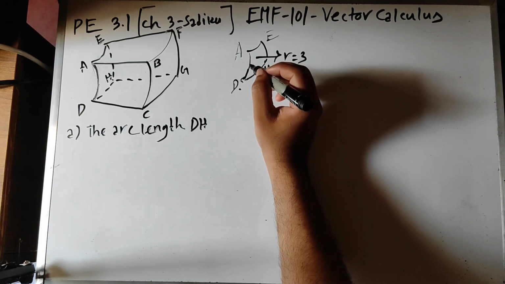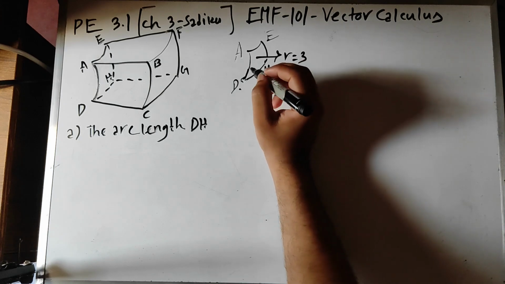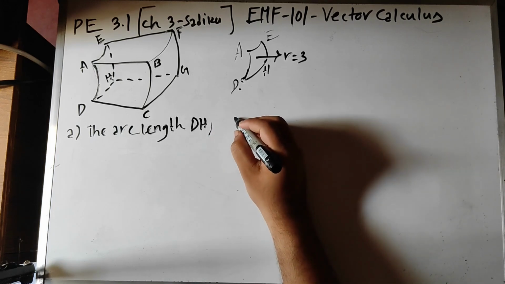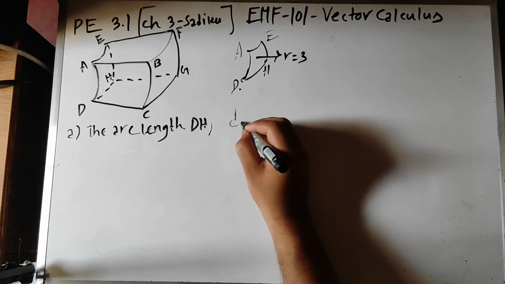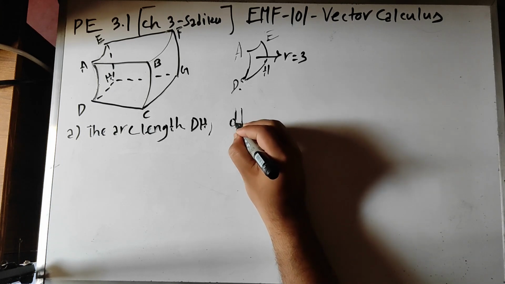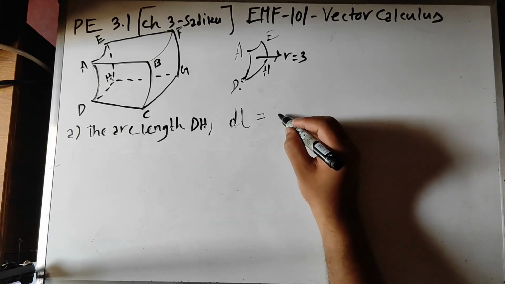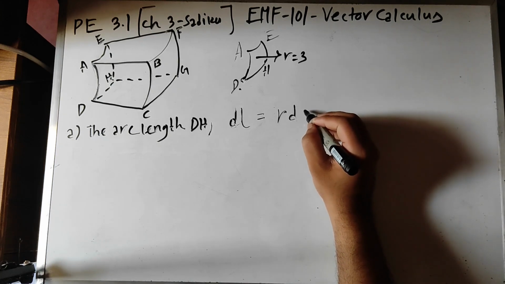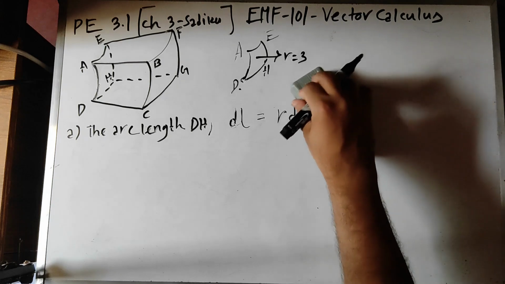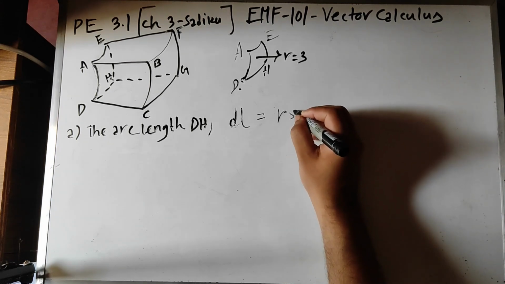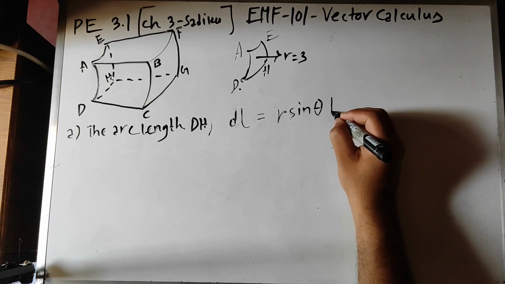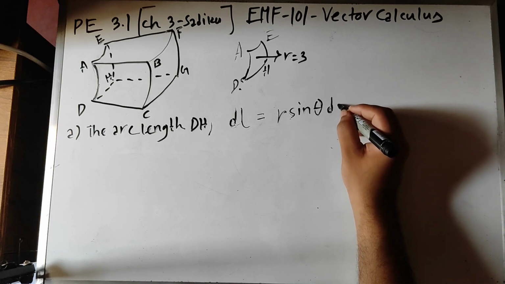The differential length for this arc is r sine theta d phi.